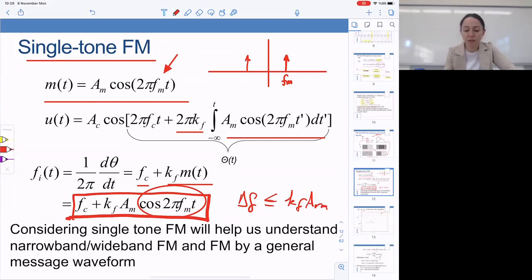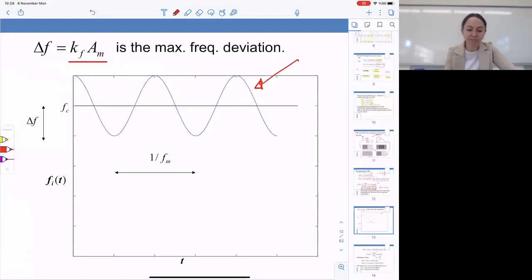It can go up by Δf or down by Δf, right? k_f A_m is the maximum frequency deviation.